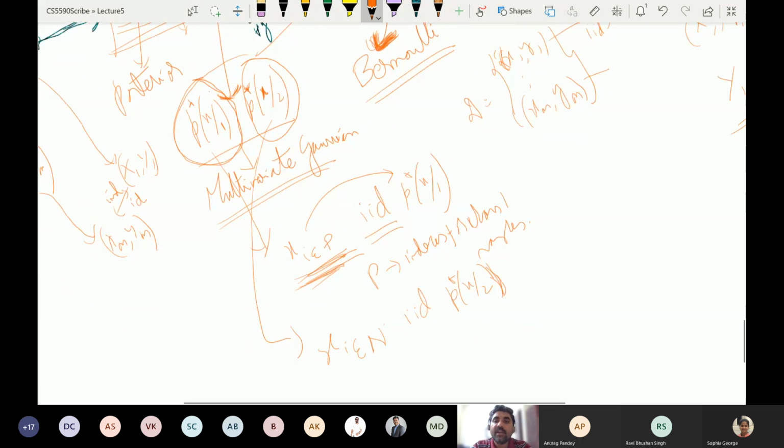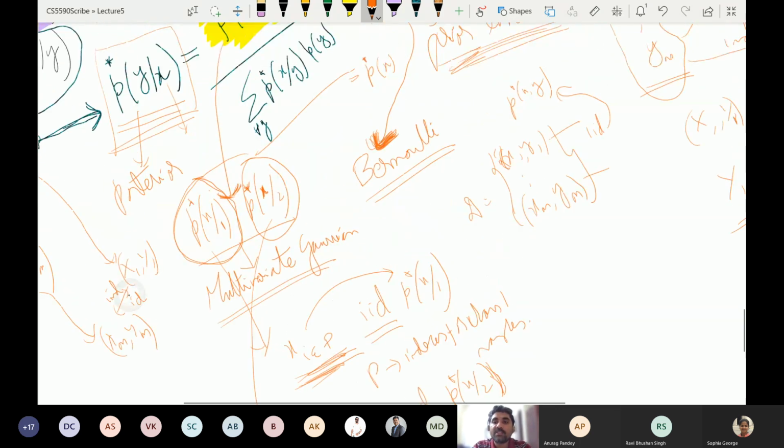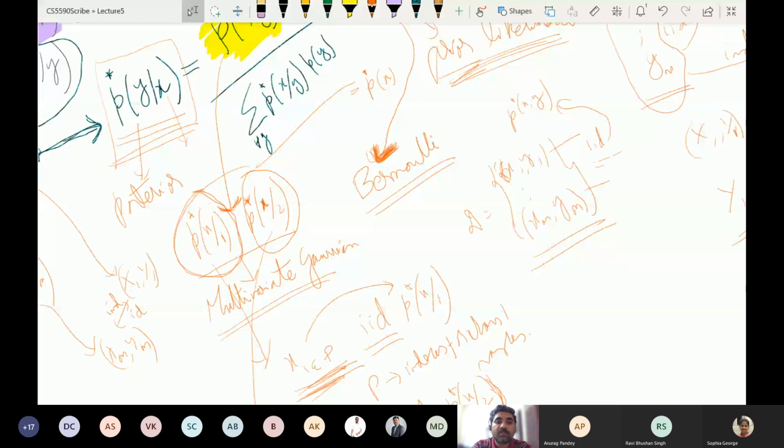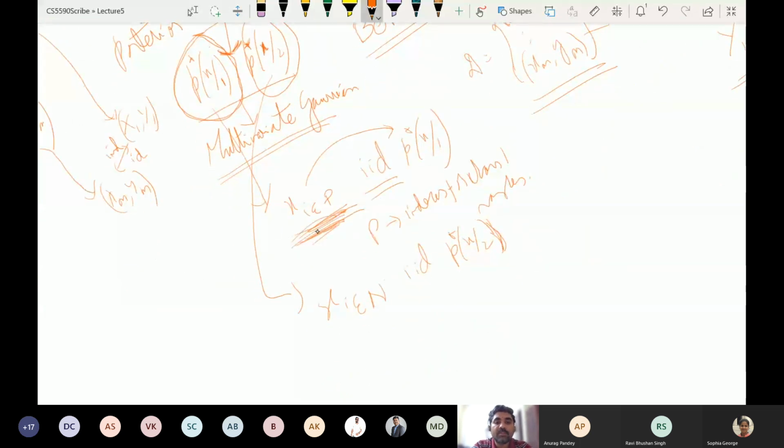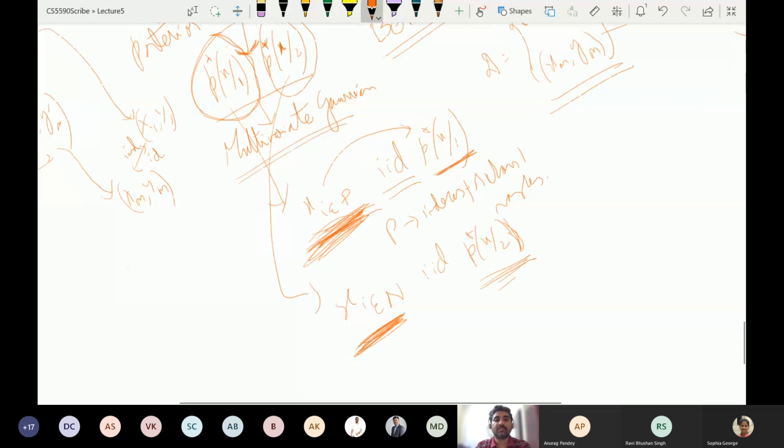If (x, y) are IID samples from the joint, then the class 1 labeled training inputs will be IID from this distribution, and the class 2 labeled training inputs will be IID from this distribution. Hence you can estimate the parameters.